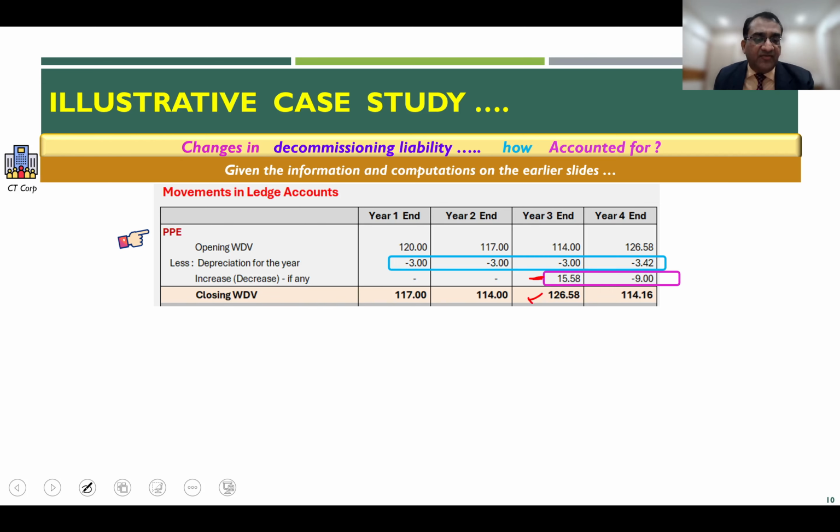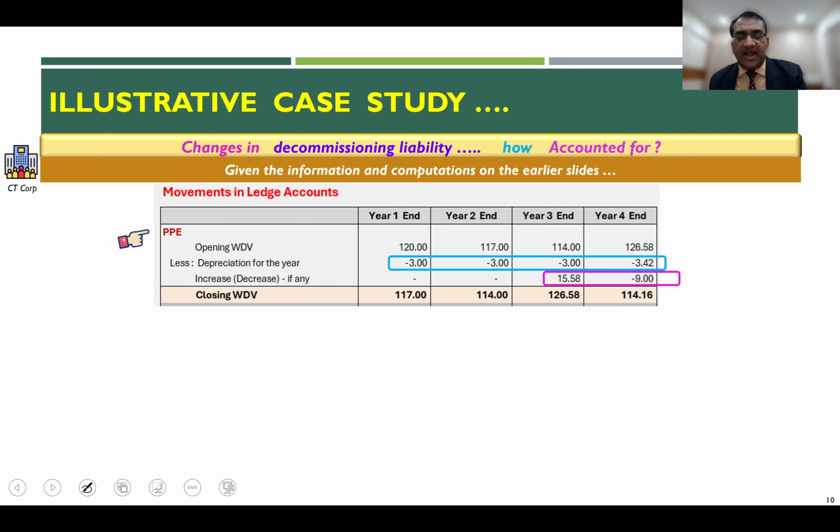So this is your revised number, which becomes your opening. Now your depreciation charge goes up. And then you are recording 9 million of the revaluation loss through your revaluation surplus. And therefore, your closing amount of the PP&E is 114.16. This is on the PP&E side.